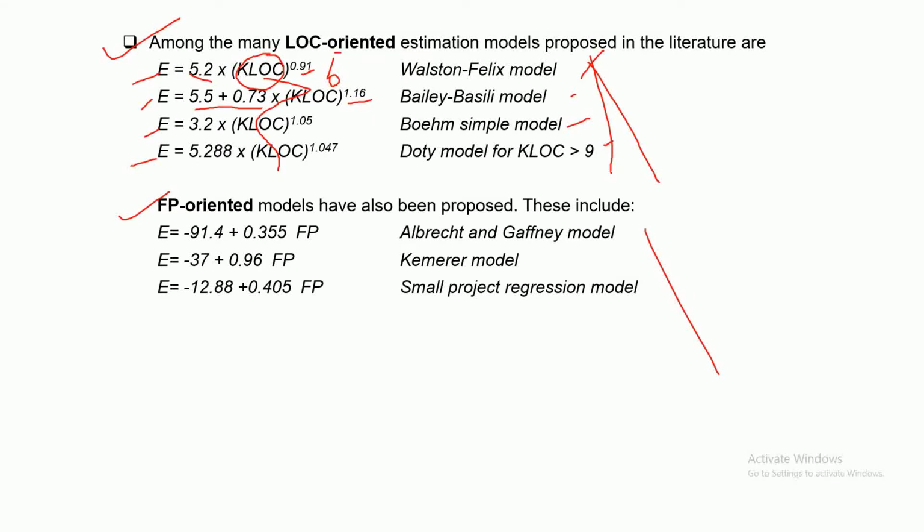Similar is the case with function point based approaches. Even if you calculate the function point, say 45 or 50, and substitute the same value here, you get 3 different estimates. Again, which model to use? This is a matter of study.